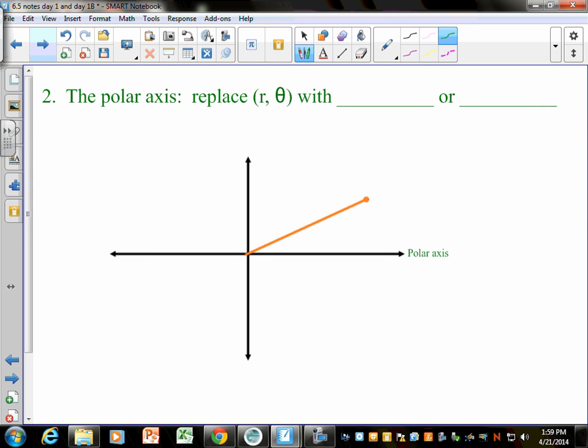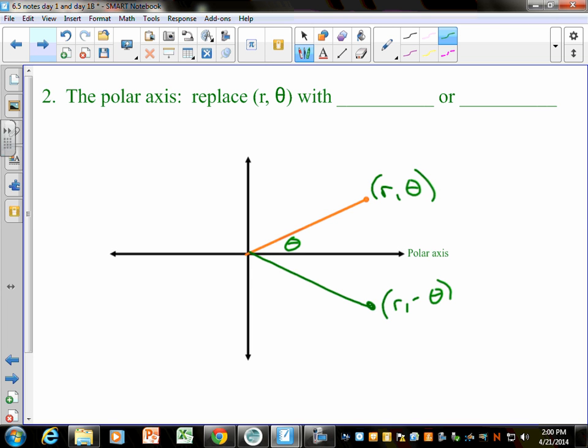So if this is my r and my theta, and it's symmetric with the x-axis or the polar axis, this is the one that's the easiest for me to remember because it makes the most sense to me. If this is theta, do you agree if I go this way, it's just negative theta? So this would be r, negative theta.